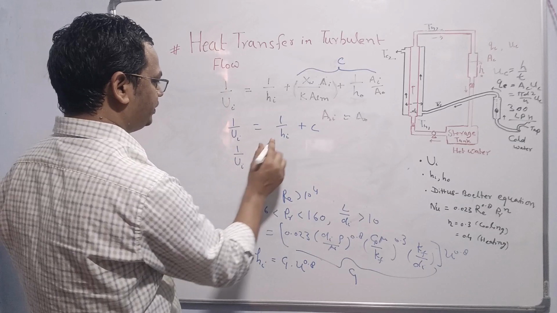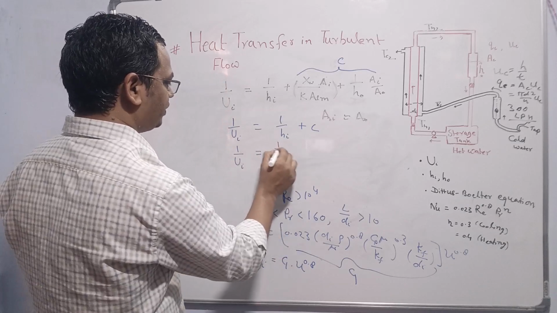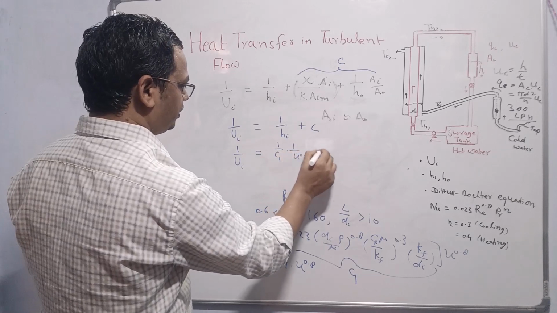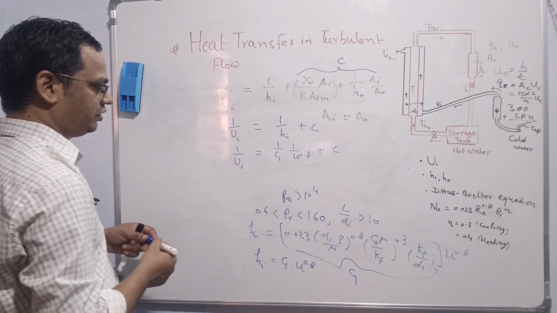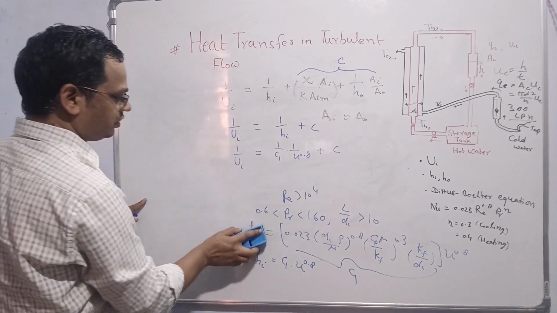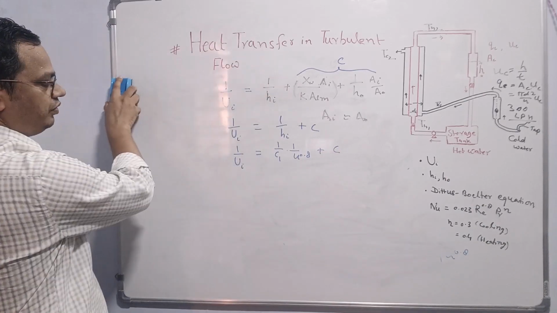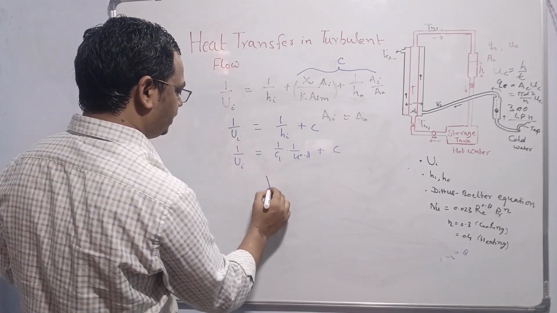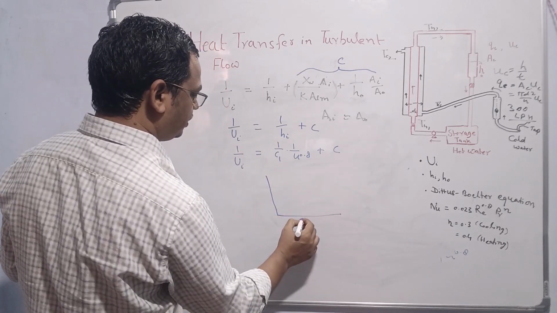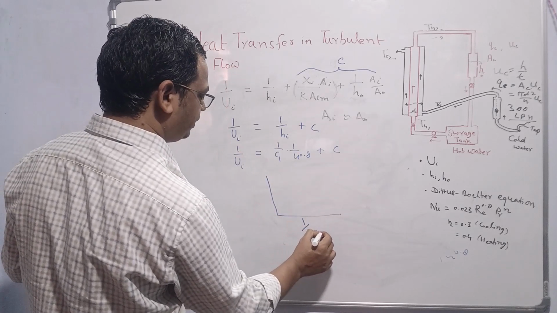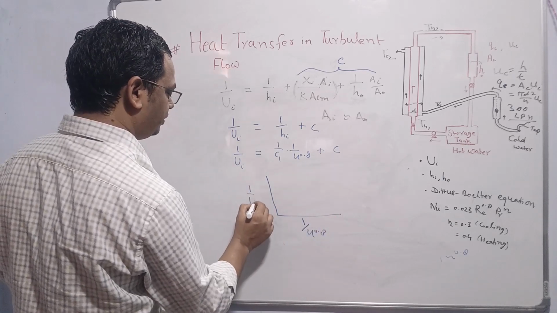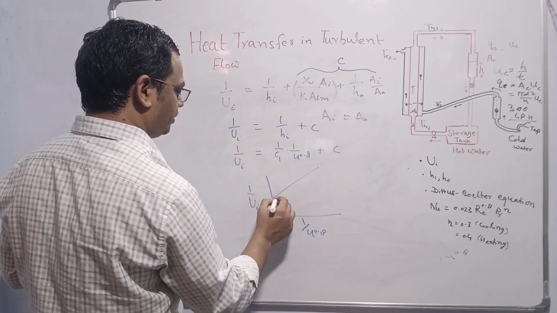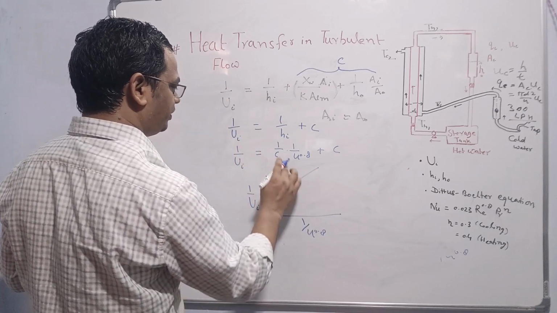This is the overall heat transfer coefficient, and hi from here. 1 by Ui is equal to 1 by C1 into 1 by u to the power 0.8 plus C. For different flow rates, we will have different overall heat transfer coefficients. We can draw a graph of 1 by u to the power 0.8 and 1 by Ui. It will give a straight line. So intercept is C, slope is 1 by C1.